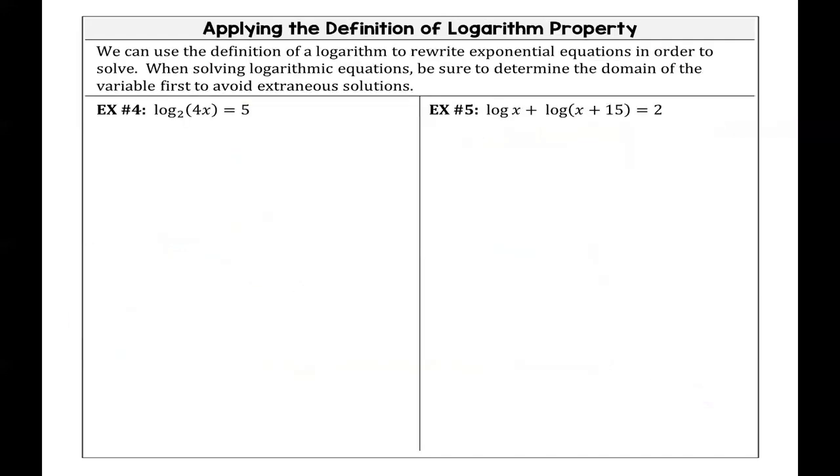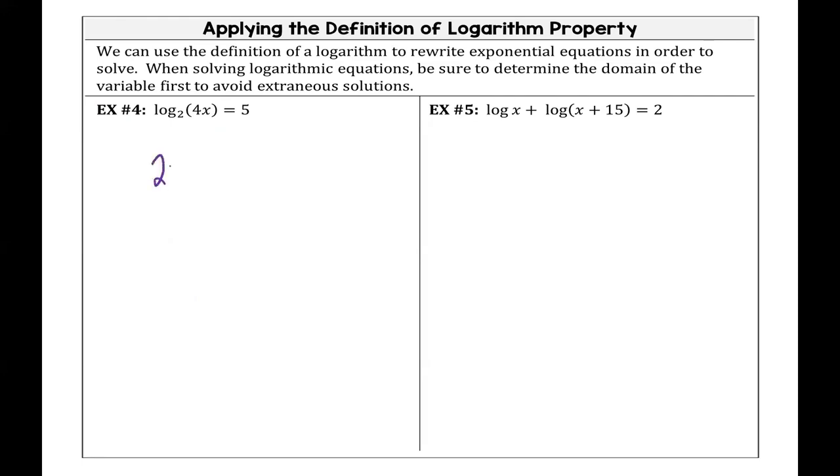All right. Next, we can use the definition of logs to rewrite exponential equations in order to solve. Being able to translate your log into an exponential is still pretty useful. So let's see what happens. So this is saying what? How can I write this as an exponential? 2 to what?